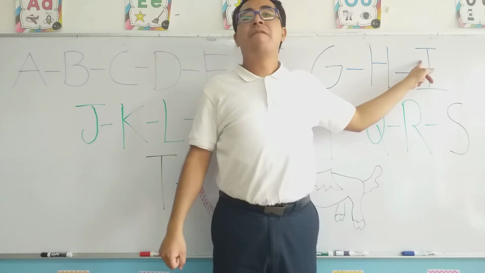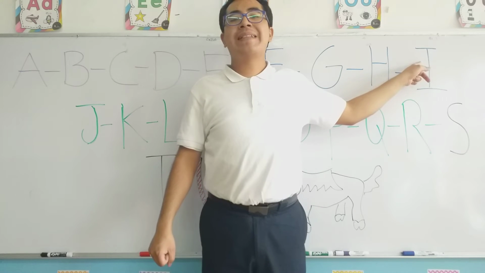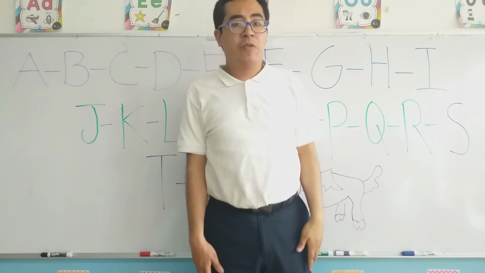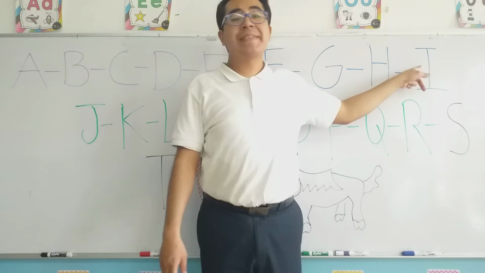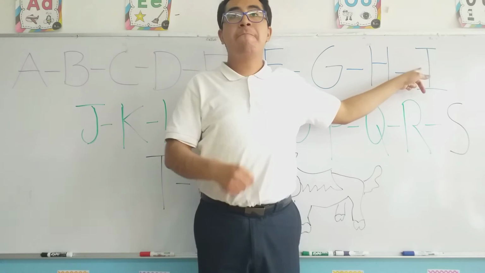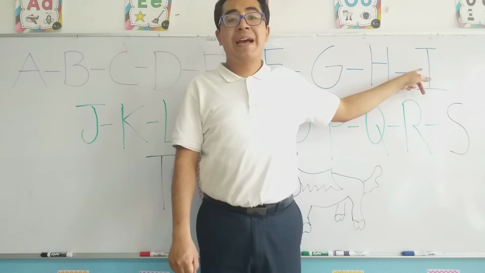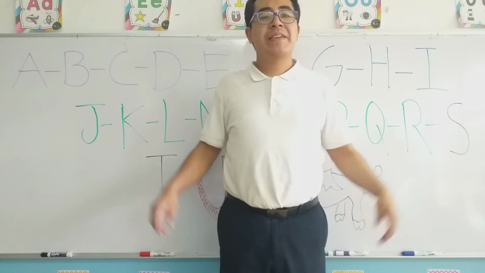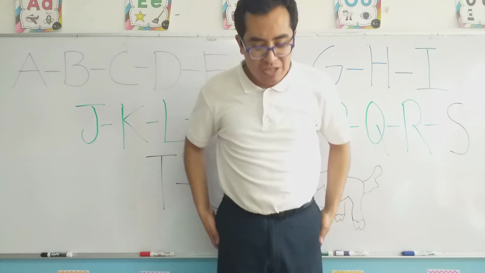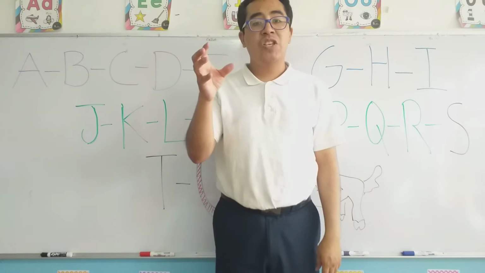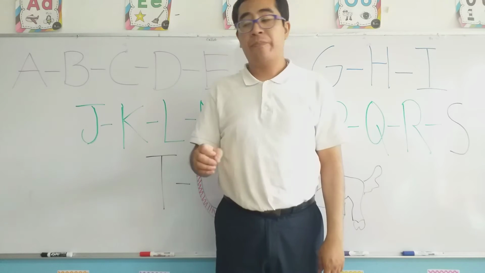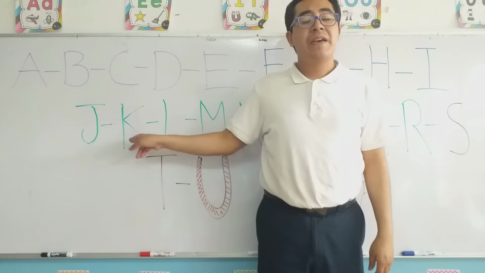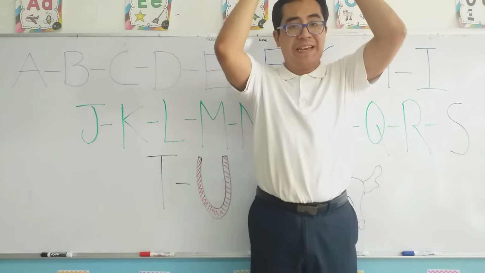Capital I. For capital I, we had igloo, the house of the penguins. We had ice cream. And we had insects. Capital J, we had the jacket, the jeans, the orange juice. For capital K, we have the king.